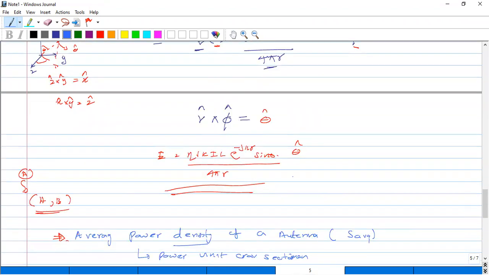You can see that this is the magnitude and this is the vector part. If you remove the vector, this will be the magnitude only. So the E magnitude is nothing but this one: j k I l e to the power minus j k r sine theta over 4 pi r.